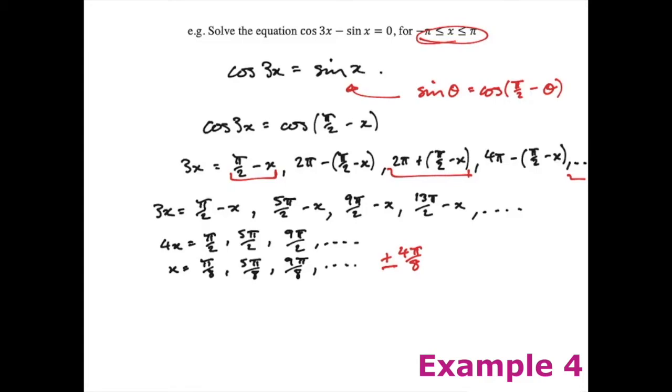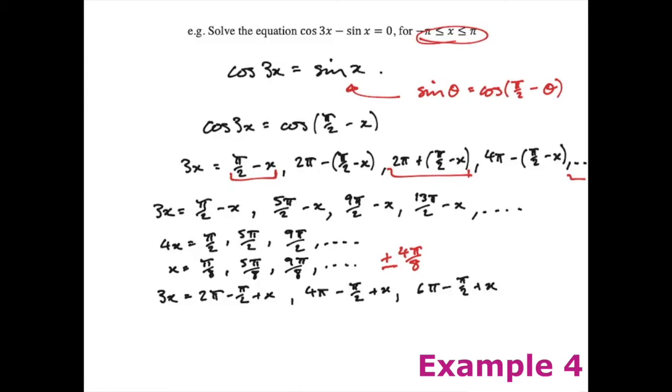Okay, let's think about our other ones, which would be 3x, 2 pi minus pi on 2 plus x if I expand that bracket. Next one will be 4 pi minus pi on 2 plus x, 6 pi minus pi on 2 plus x.